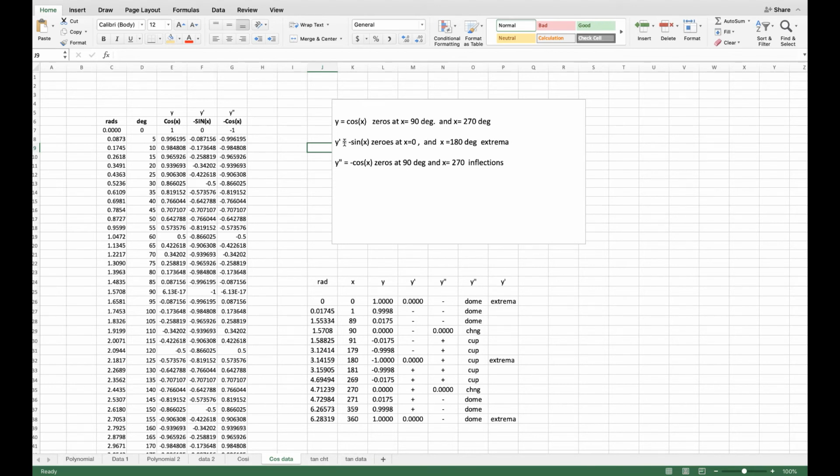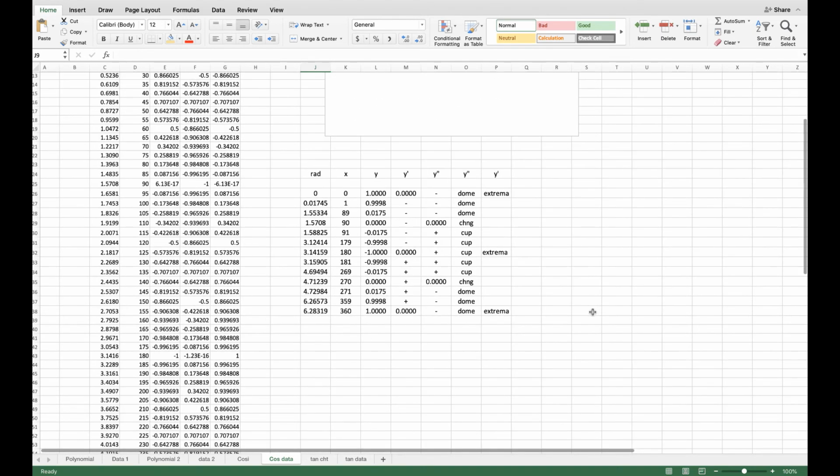The derivative minus sine x is 0 at x equals 0 and at x equals 180 degrees. Those are where your extrema are going to be. And then y double prime is 0 at 90 degrees and 270 degrees again, and that's where your inflection point is going to be.